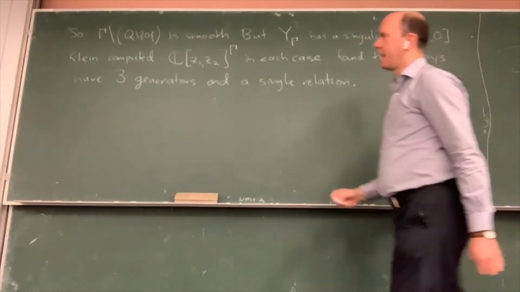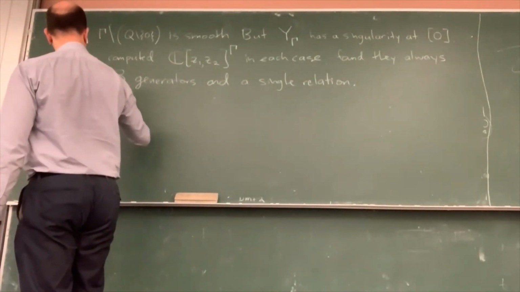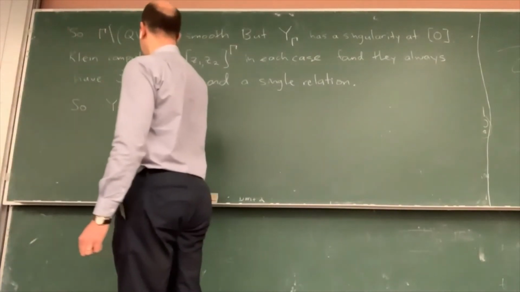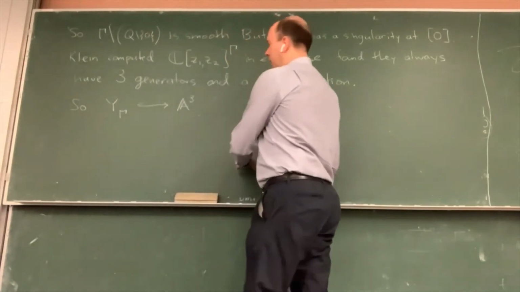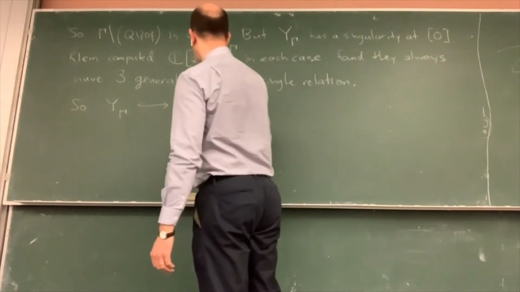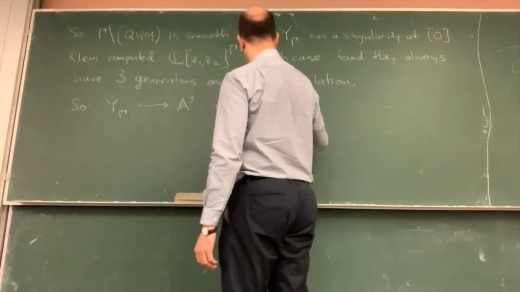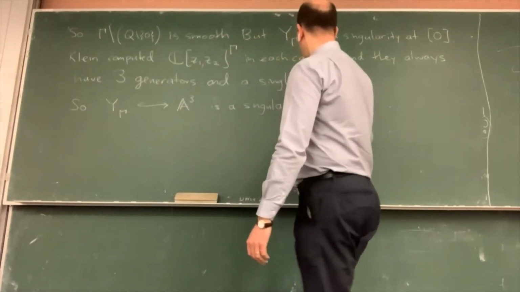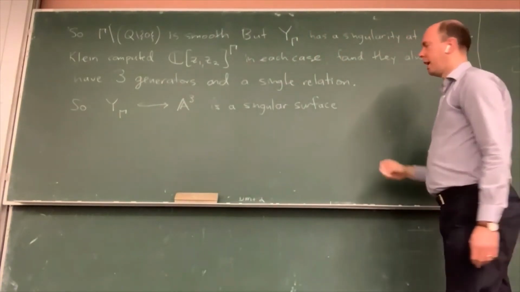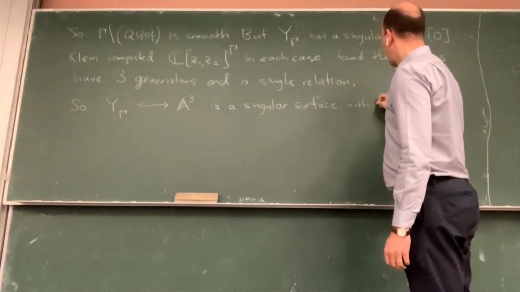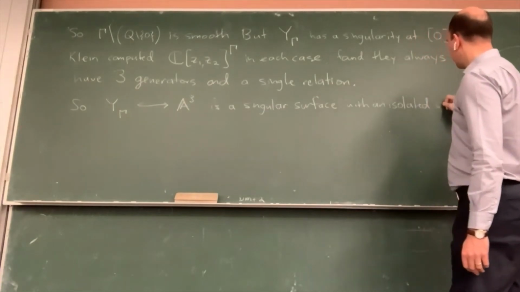So what that means is that the affine variety with this coordinate ring, Y gamma, can be embedded inside A3, and it's a singular hypersurface. Well, a hypersurface in A3, which means it is a surface. It's a singular surface with an isolated singularity, with actually just one singular point.